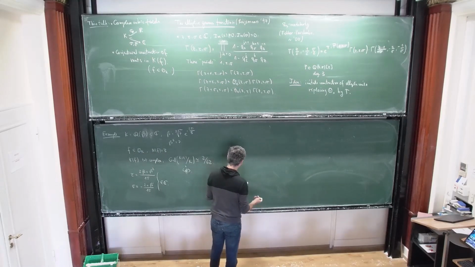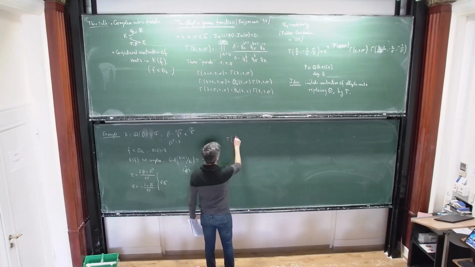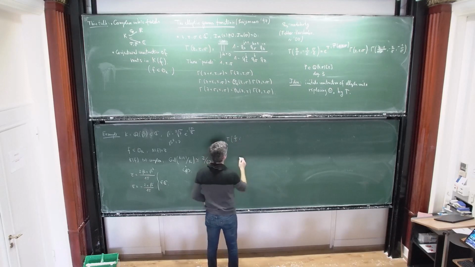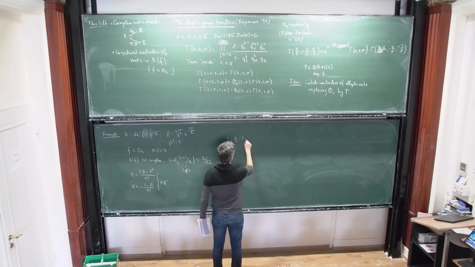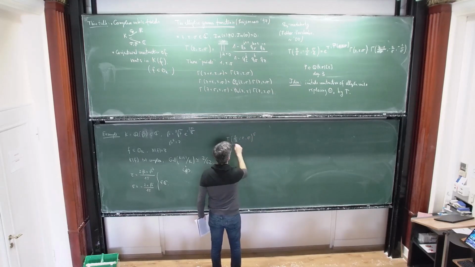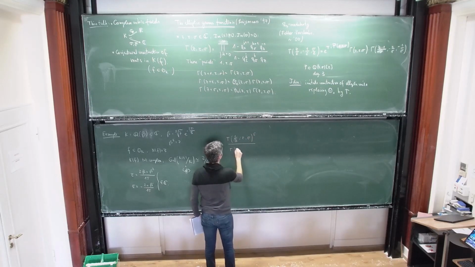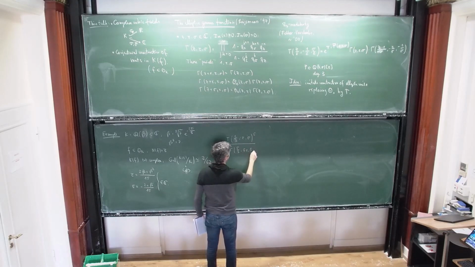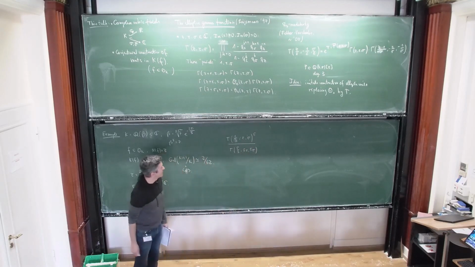Okay. And so I'm going to look at the following quantity. I evaluate gamma at 1/3 tau sigma raised to the power 5, and then I divide by the same expression where all the arguments have been multiplied by 5.